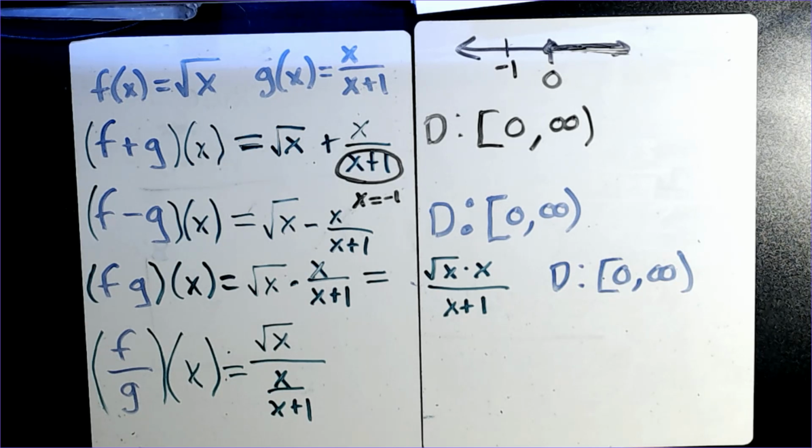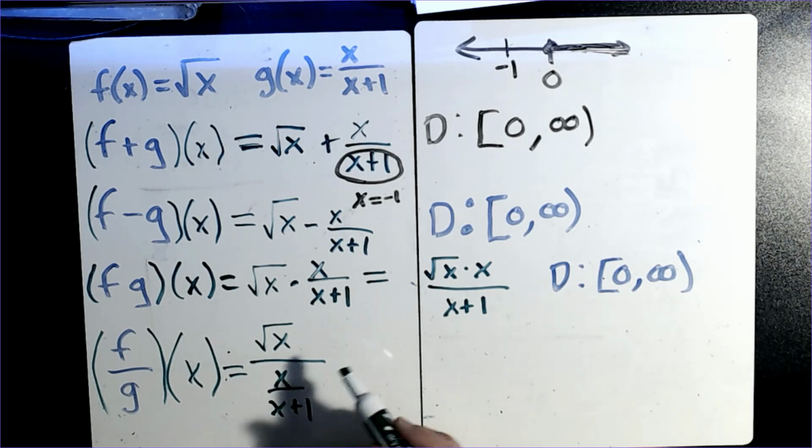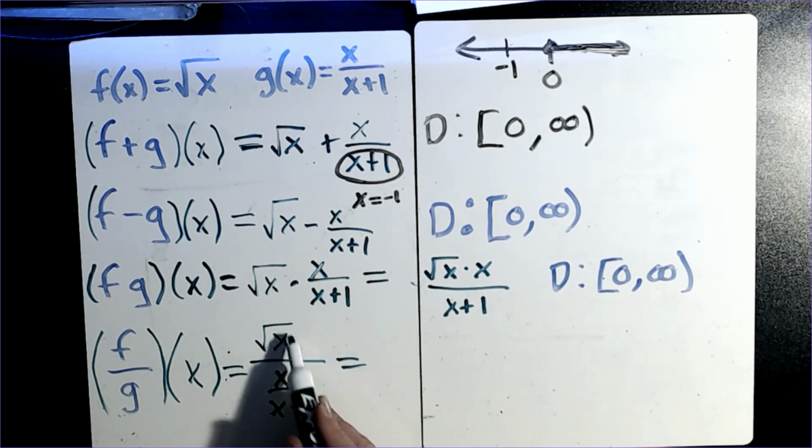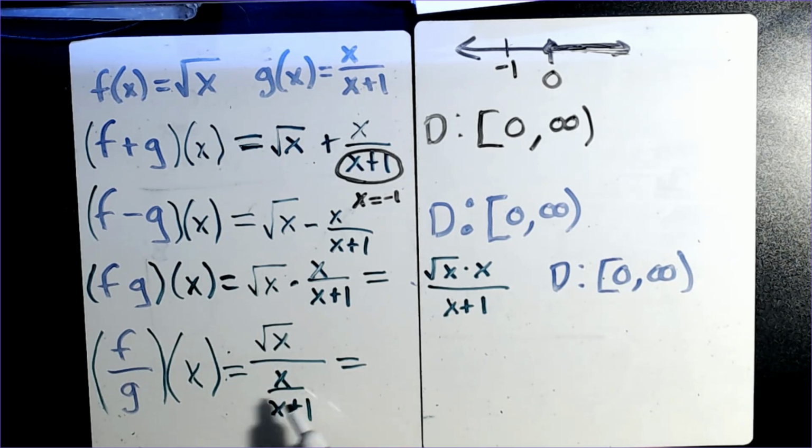Now notice with this, we're dividing a function by a fraction. So what we're going to have to do here is just flip this fraction around and times. How do we divide a fraction? Well, keep, change, flip. So we keep this the same and then flip this one and times.